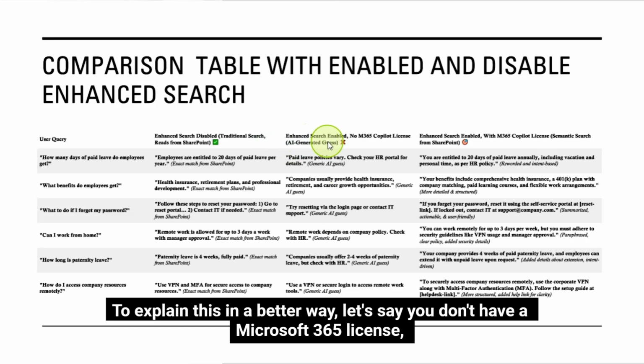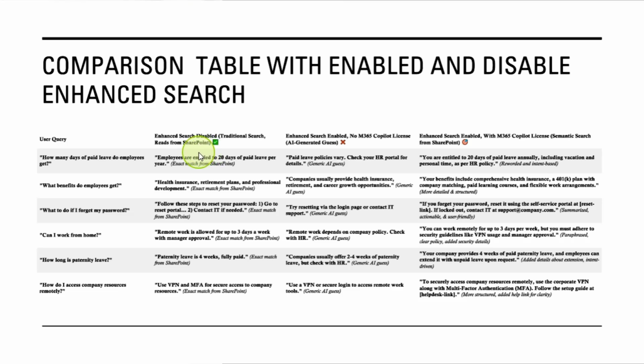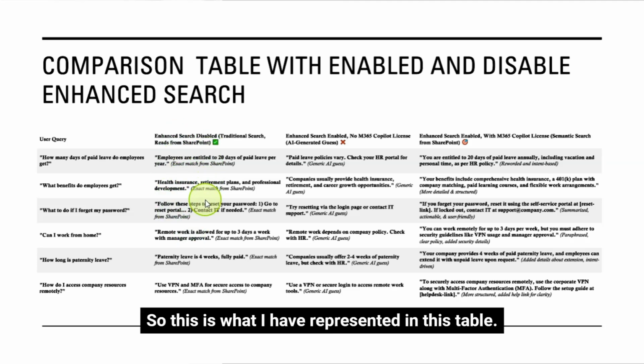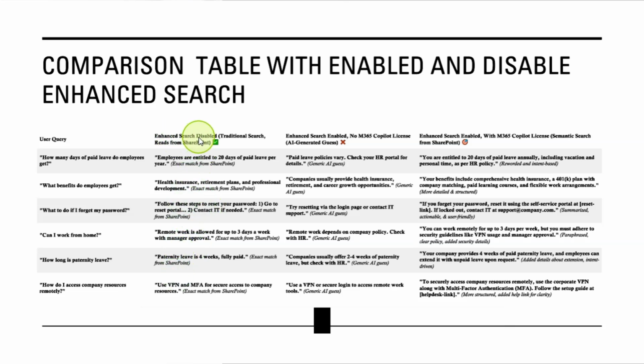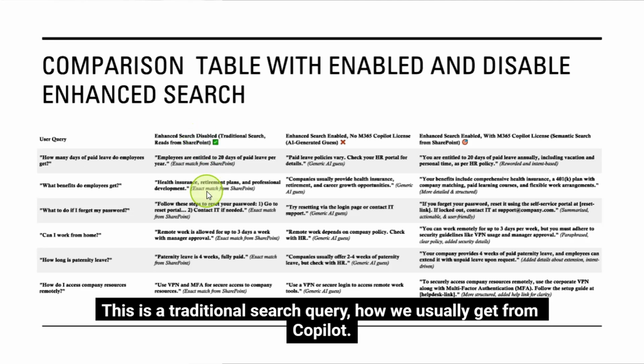To explain this in a better way, let's say you don't have a Microsoft 365 license, but you have enabled the enhanced search results in your Copilot. You will get the AI-generated answers, something like this. So this is what I have represented in this table. This column represents Copilot answers from the actual data source without enabling the enhanced search results.